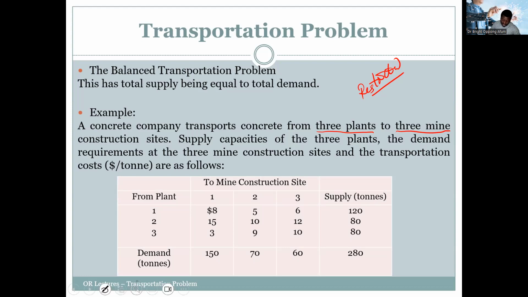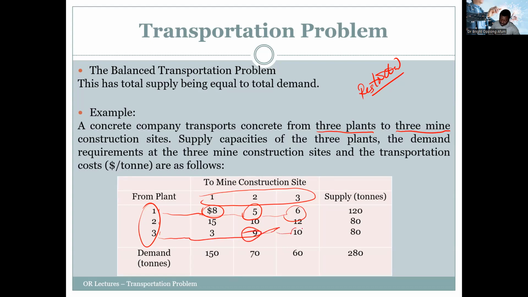So in this tableau, we have the plants. We have 3 plants, 1, 2, 3, and we have 3 destinations, 1, 2, 3. And we have the cost. So the cost of moving from 1 to 1 is that. From 1 to mine site 2 is that. From 1 to mine site 3 is that. From 3 to mine site 2 is 9, and 3 to 3 is that.